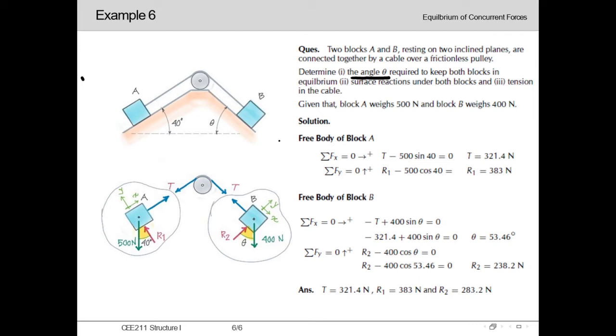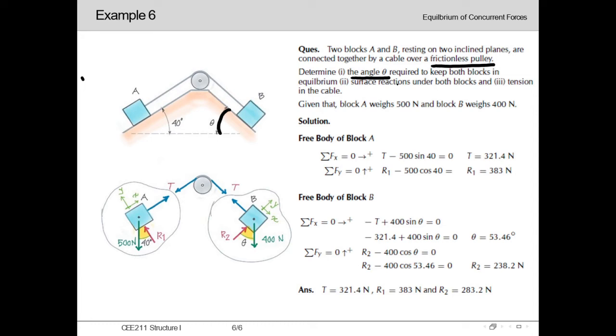And here we can see that two blocks are connected with a cable over this pulley, and it has been mentioned that this pulley is a frictionless pulley, so there will be no friction, there will be no losses for friction. Now in our first question we are asked to determine the angle theta for this plane.